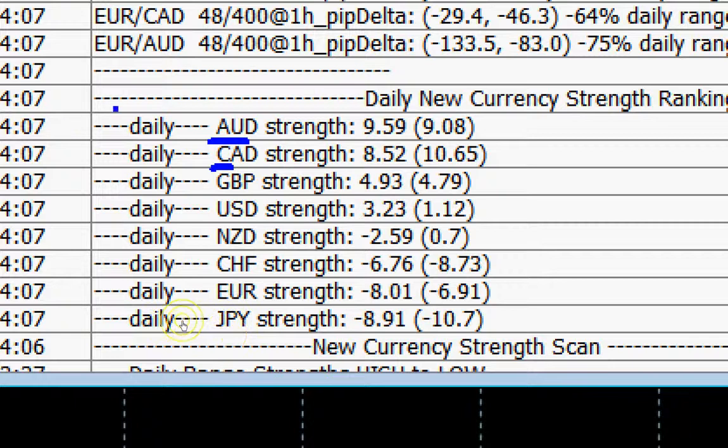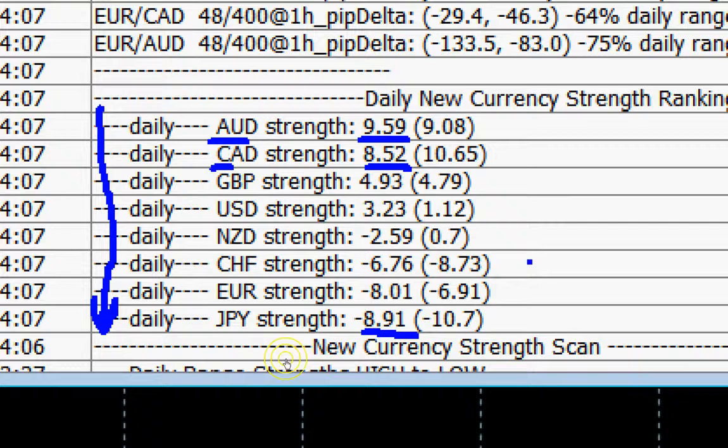Now these are ordered from strongest to weakest currencies. So we assign a rating value to each currency. And the rating values can be positive or negative. Other systems vary. It doesn't really matter so much how you do this because these are going to be relative currency strengths relative to a time frame.